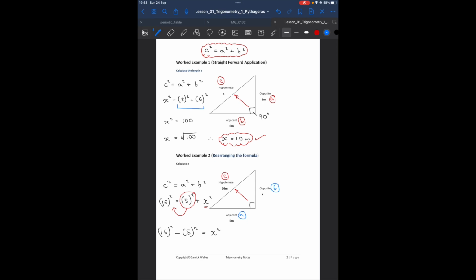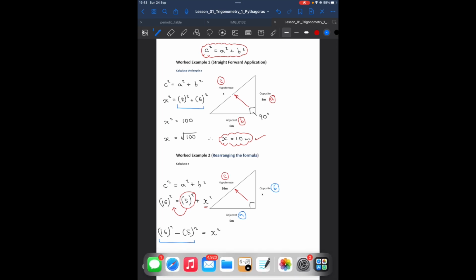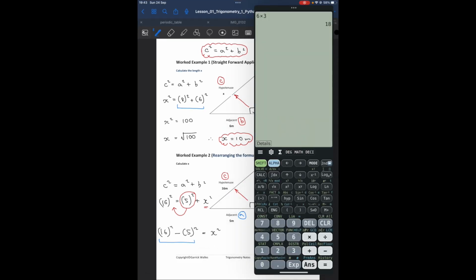Like in the previous example, I'm just going to type in the whole of the left-hand side into the calculator as I've written it. So if I bring up a calculator, I'm going to type in the whole of the left-hand side exactly as I've written it using brackets. So I'm going to open a bracket, 16 close bracket squared.